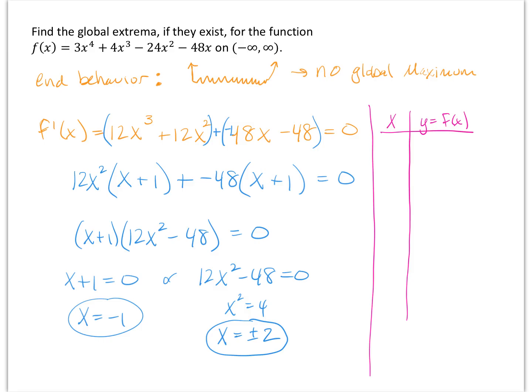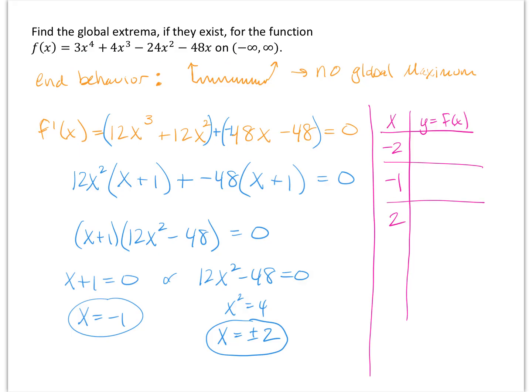And I'm going to put in just the 3 critical values, -2, -1, and 2. And I'm plugging into the original function, because I want to know the y values when I'm graphing this thing. If I was actually looking at a graph of this, what I'm looking for is the lowest y value on the graph. They could only happen at a critical value. So I'm plugging in these values in here.